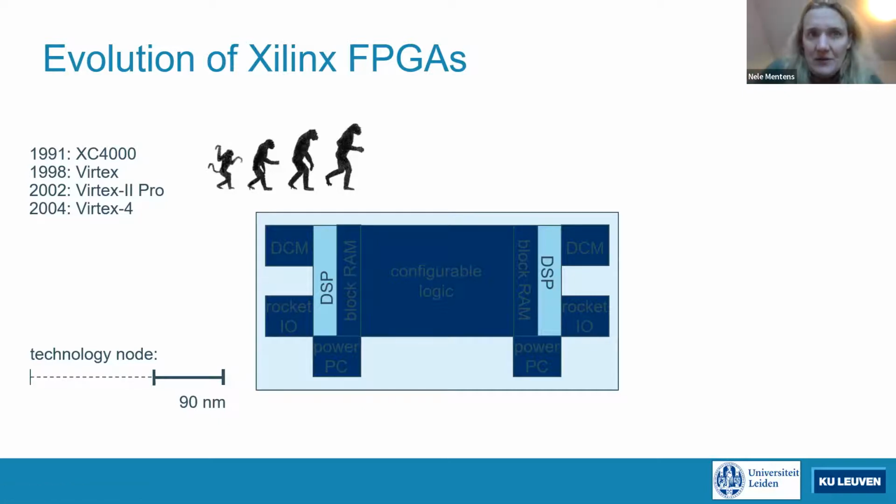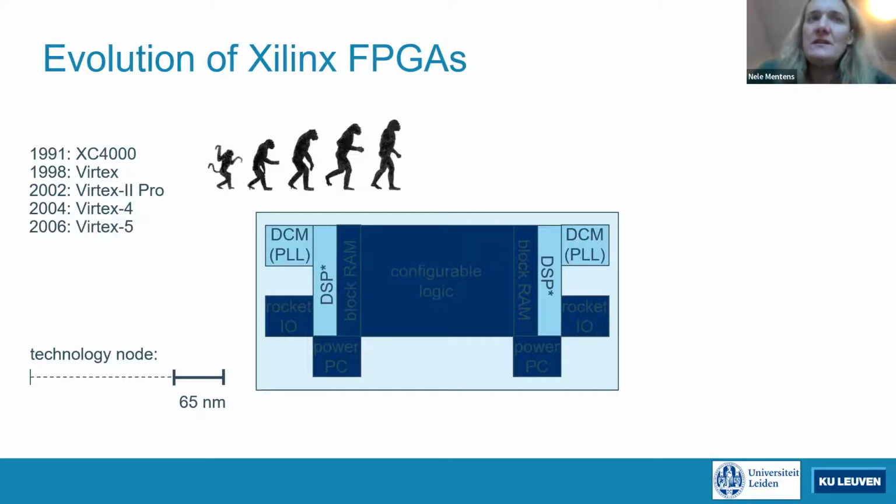So one example of something new in one of the next generations were DSP slices, or digital signal processing blocks, where we could do multiplications with the multipliers. In this case, with DSP slices, we are able to do a times b plus c, so a multiply-accumulate operation, which is very useful in many applications.